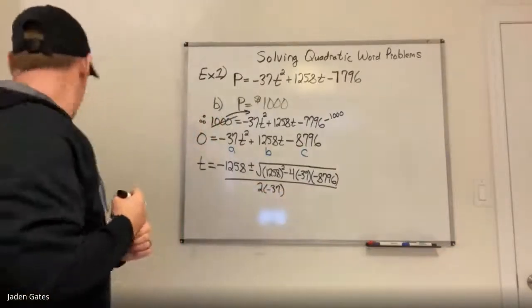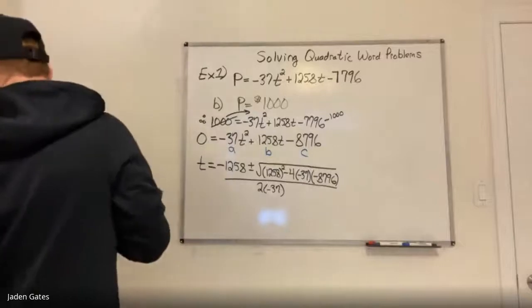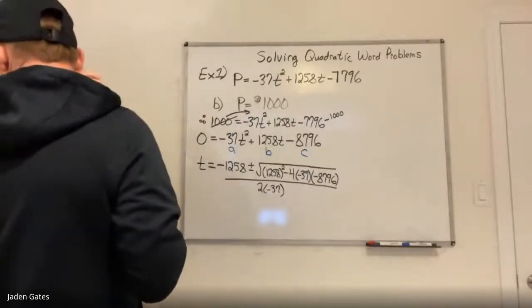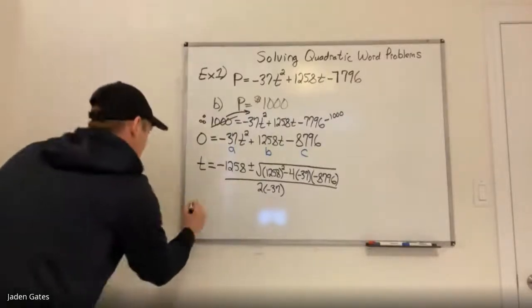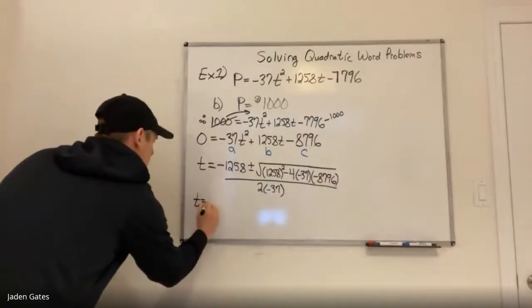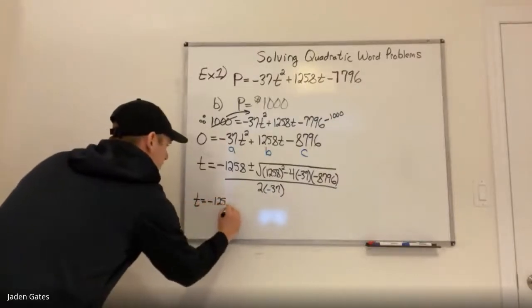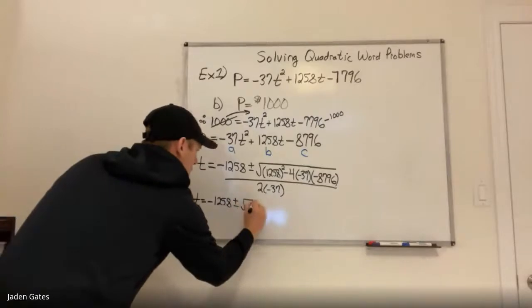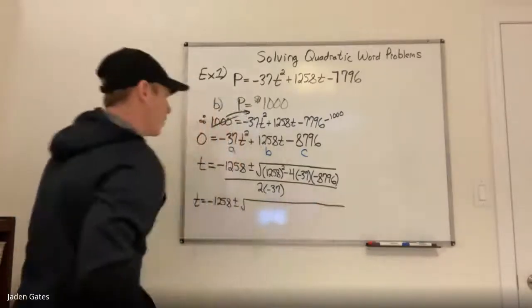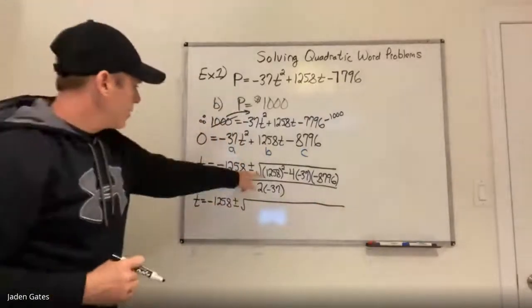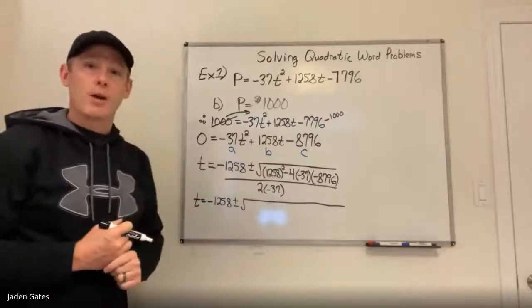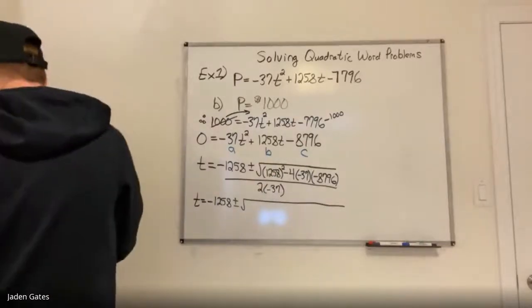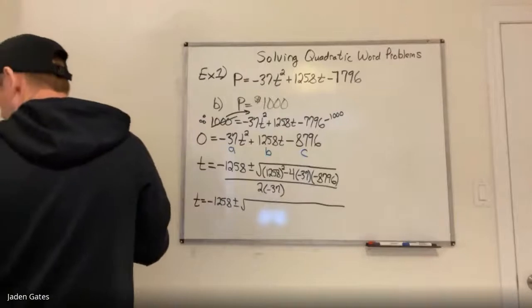All right, so we got some big numbers going on here. Let me see if I can simplify this somewhat. So I got T equals minus 1258 plus or minus, let's go big here, 1,258 squared. Well, I typed that into my calculator and I'm getting a bunch of digits here.